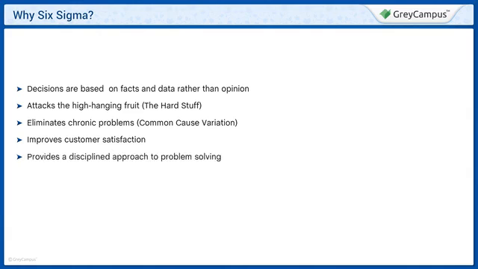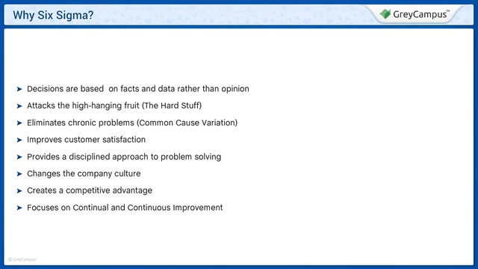Six Sigma is an absolutely controlled approach to problem solving. Six Sigma is not a new way, but a different way to address and solve problems. As a result, it does help to change the work culture in an organization. And last but not the least, Six Sigma focuses on continual as well as continuous improvements.